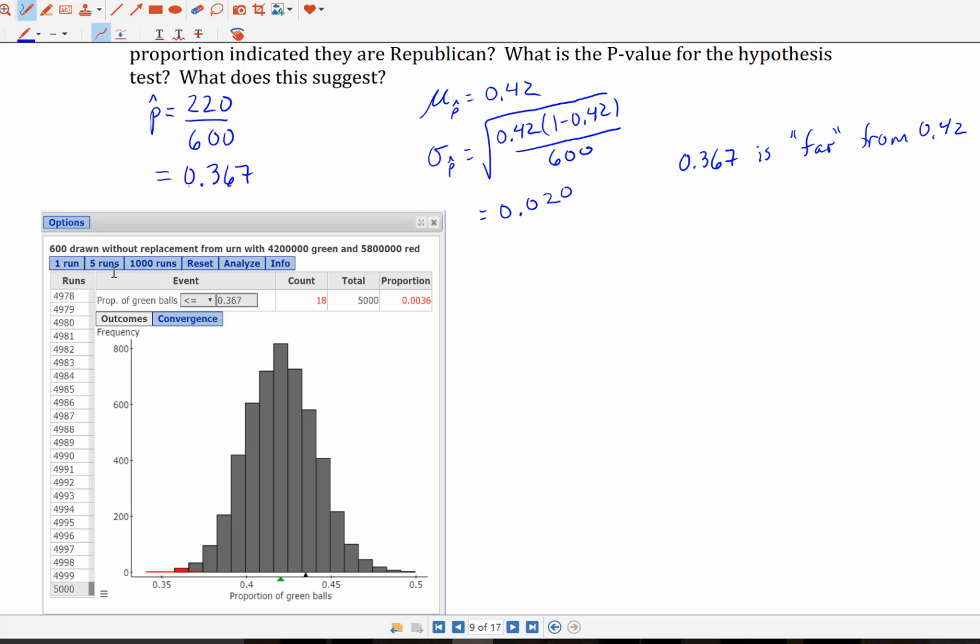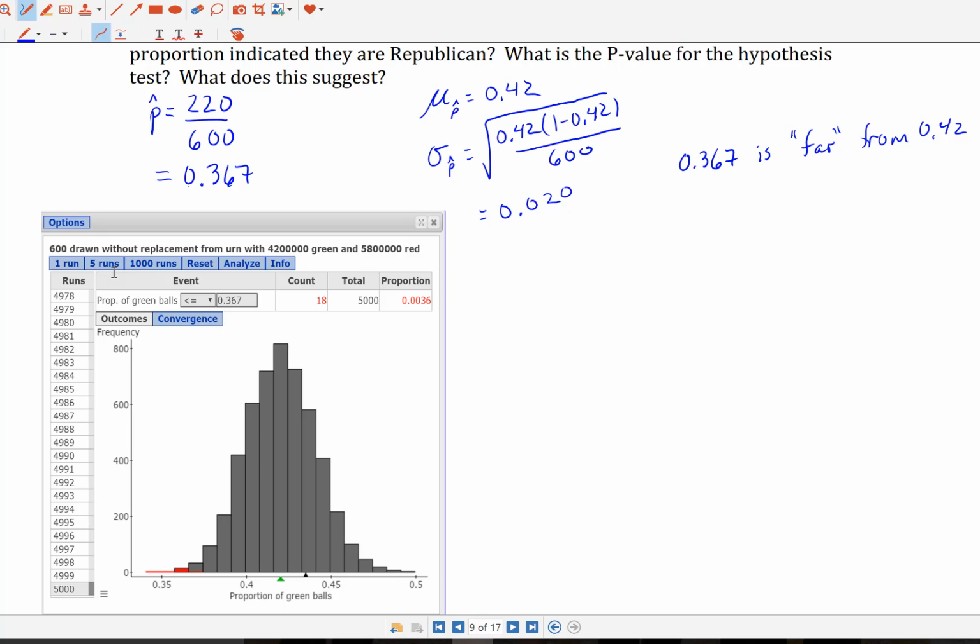One standard error away would be 0.40. Two standard errors away would be 0.38. So that's about 2.5 standard errors away from what I would expect if the statement in the null is true. When something's more than 2 standard deviations away, you typically say, ooh, that's weird. And so our p-value should reflect the fact that that's weird. And it does.